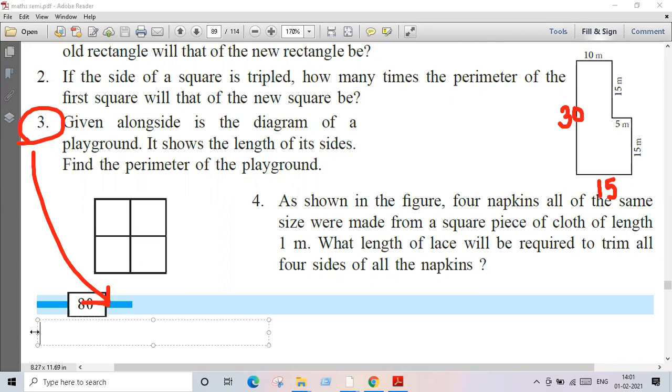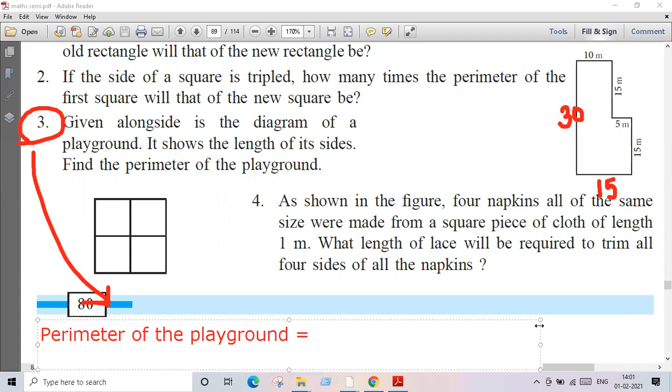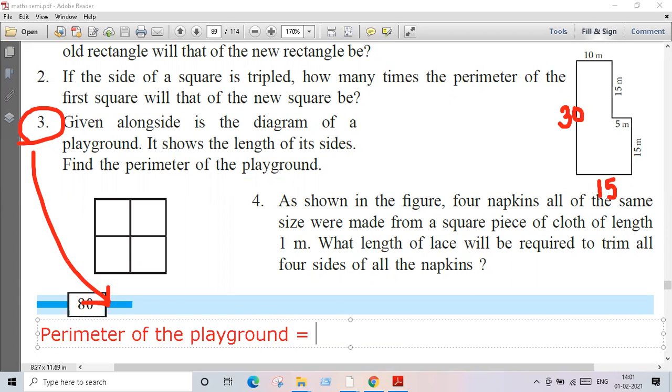You can write answer here. Perimeter of the playground is equal to what? Add करू चलो सगळे. 10 plus 15 plus 5 plus 15 plus 15 plus 30.